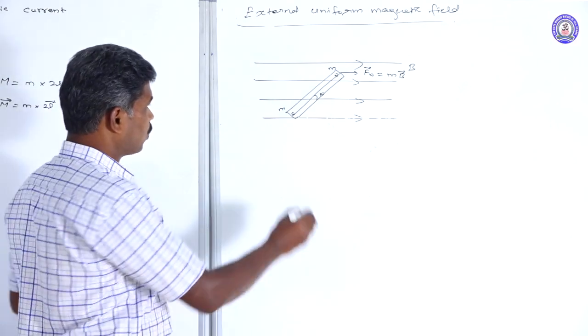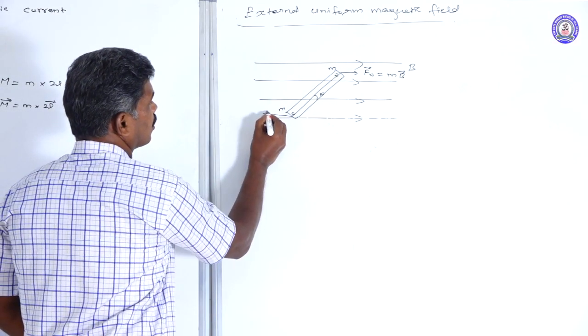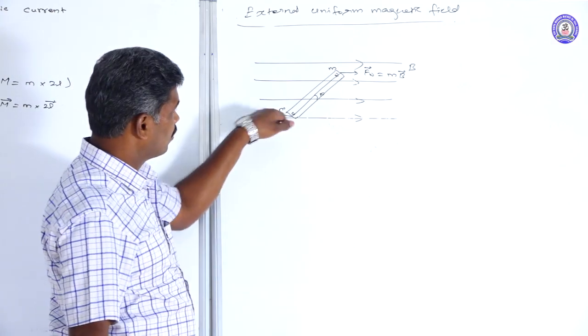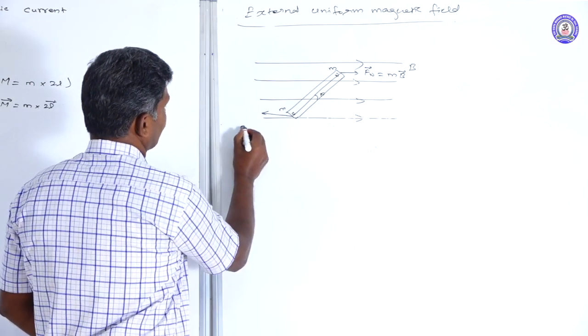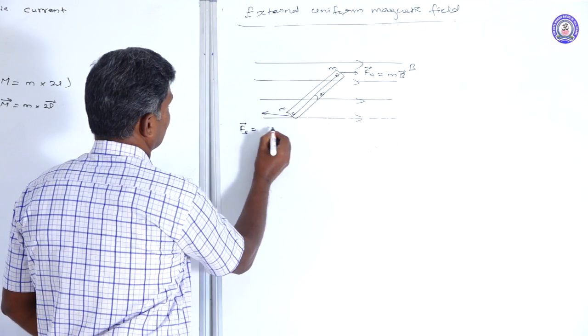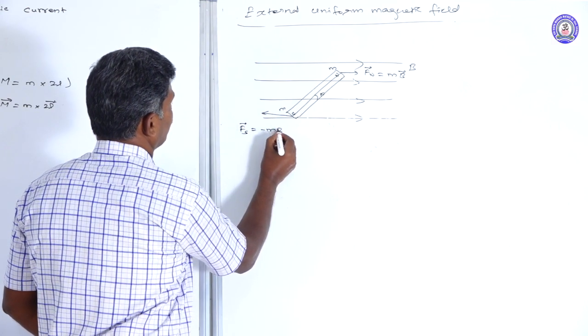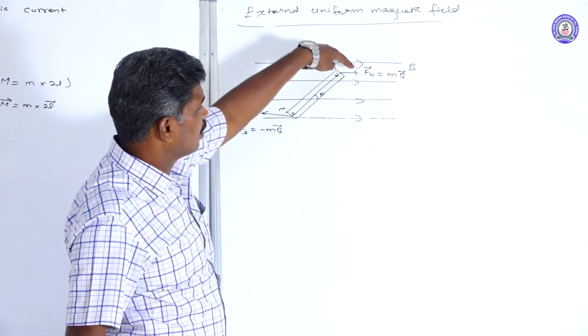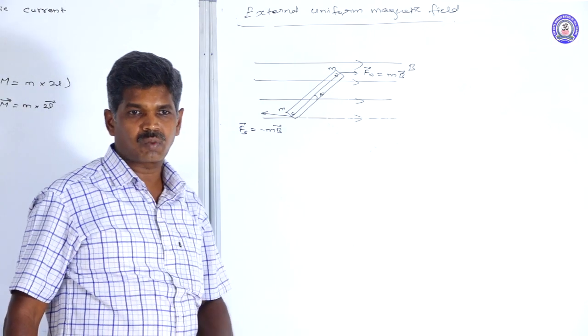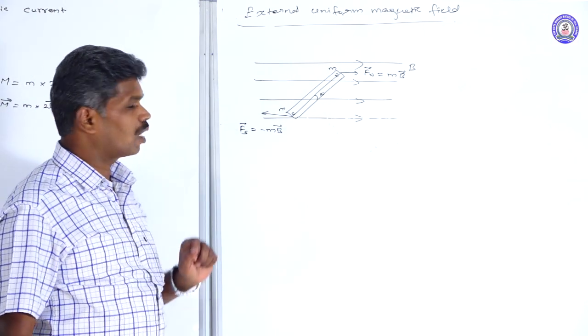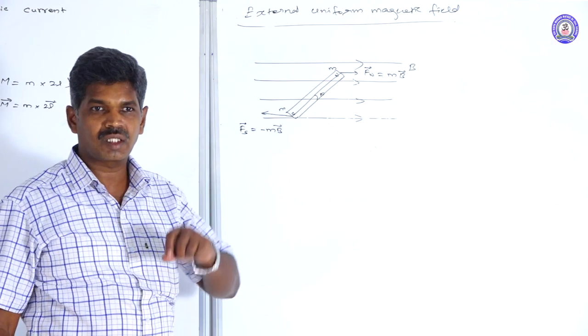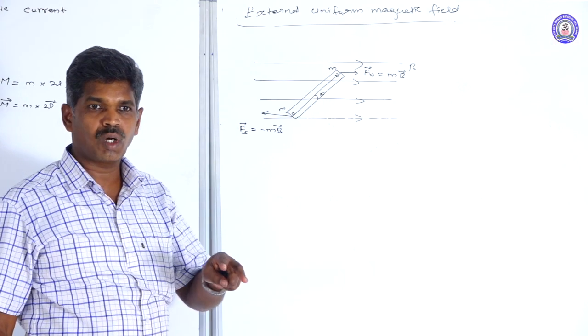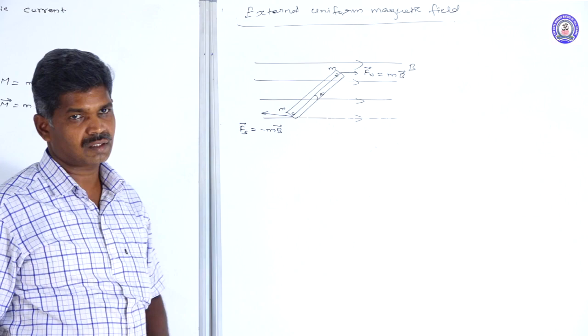On the south pole, the magnetic field exerts a force F s vector equal to minus mB vector. So the force on the north pole and the force on the south pole are equal in magnitude, but the two act in opposite directions.